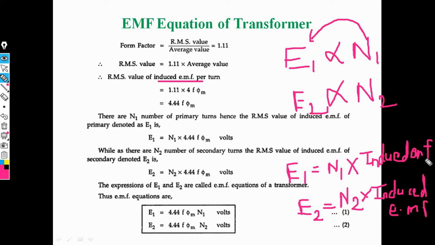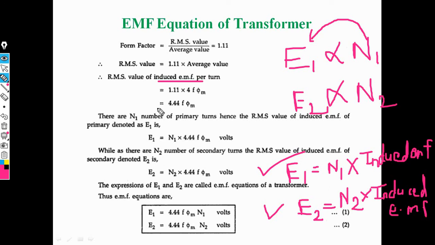The total value of EMF is called E1, that is E1 is equal to N1 into the induced EMF in N1 turns, then E2 is equal to N2 into the induced EMF in N2 turns.